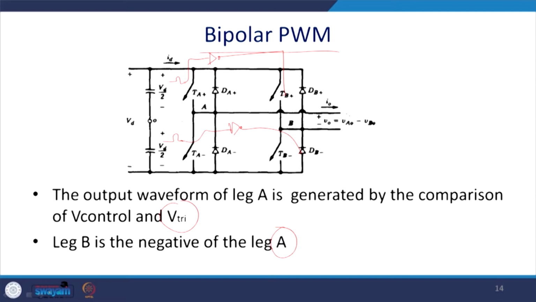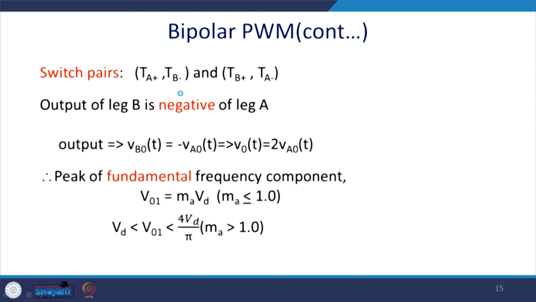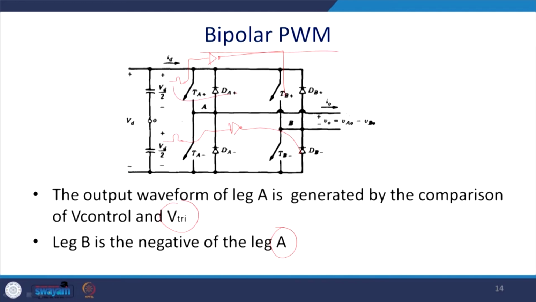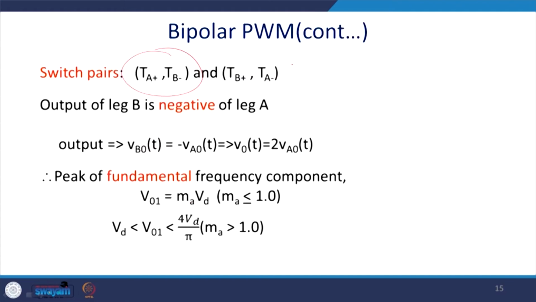So, for this reason we will find the different combinations of the switches and how they work. There is a pair of switches which may work, TA plus and TB minus. This is the path of power. And just the reverse, that is TA minus and TB plus.